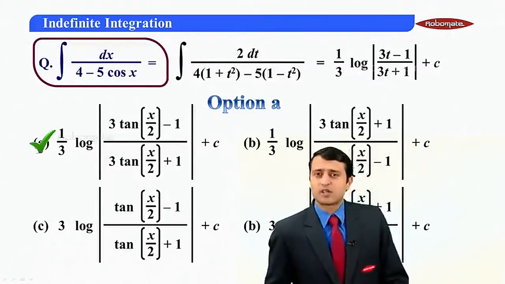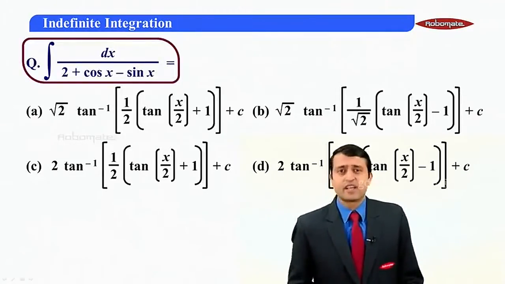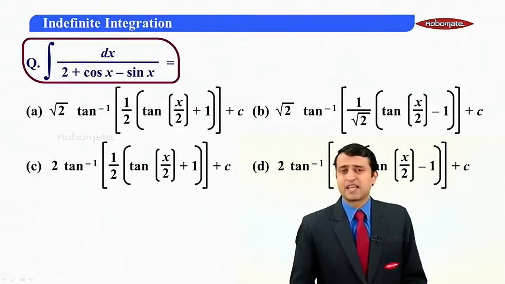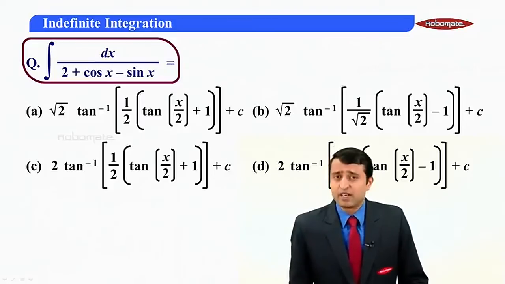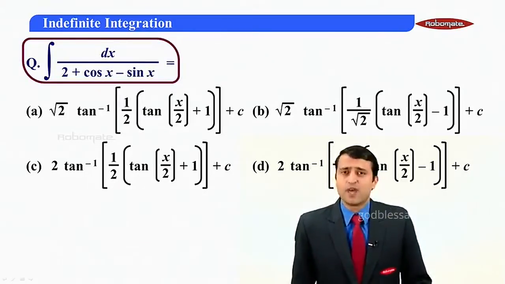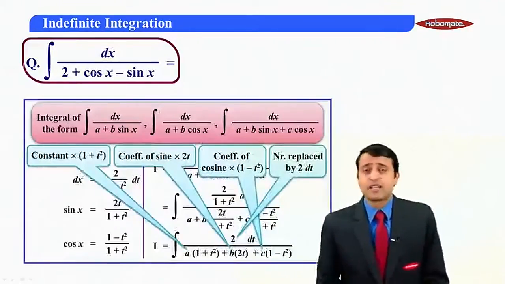Let's apply this shortcut to one more sum. Let's take that. Now in this case, I have integral of dx upon 2 plus cos x minus sin x. Now my dear students, again if you see in the denominator, I have the constant term, I have a cosine term, and I have a sine term as well. So let us apply the shortcut. For your reference, again I will bring the shortcut.